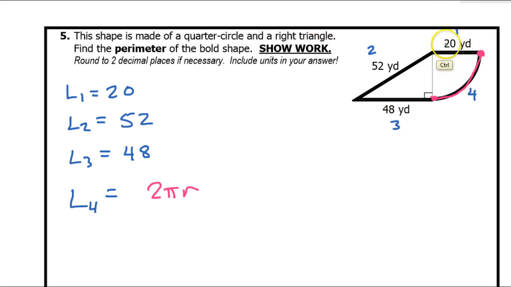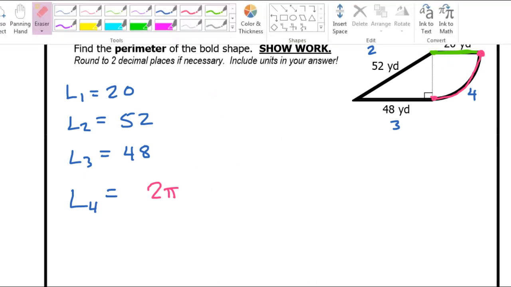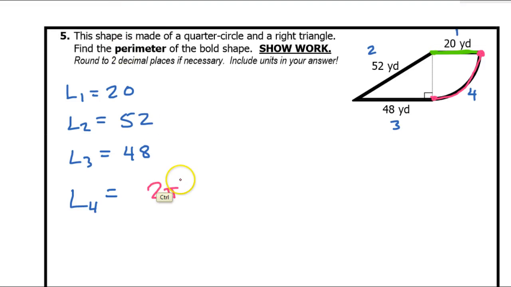If this was a whole circle, then this would be the radius of that circle. So the radius is 20. So that's going to make this, instead of 2 pi r, 2 pi 20. Now this is the circumference of a whole circle.